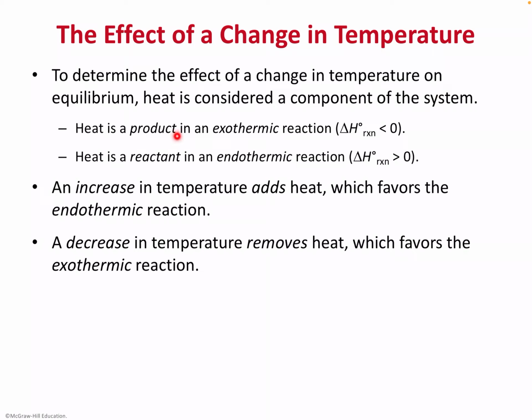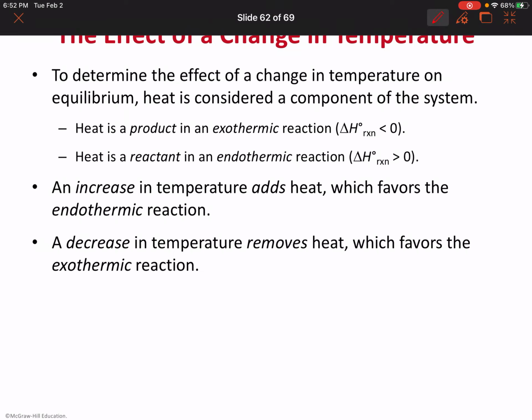Heat is a product in an exothermic reaction. If A gives you a product B in an exothermic reaction, heat is released, plus heat. Heat is a product in an exothermic reaction.